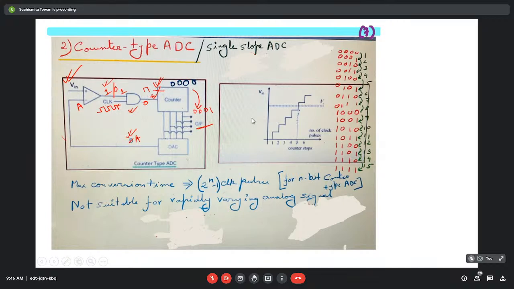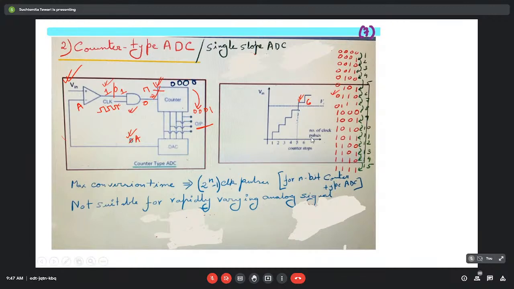It will stop counting after this pulse, that is, after 6. So the corresponding digital output will be 0, 1, 1, 0. This one.